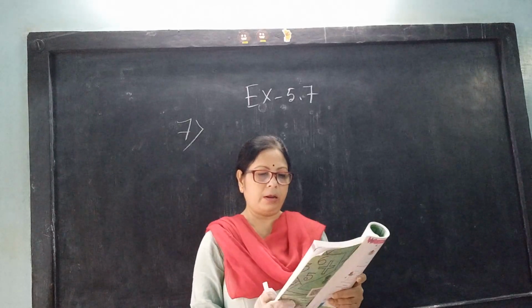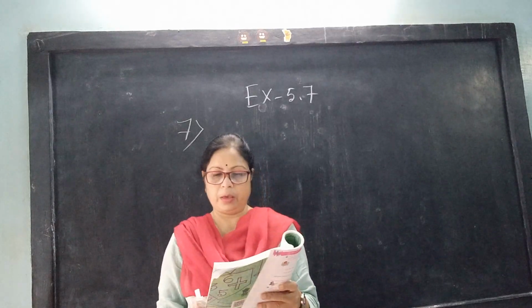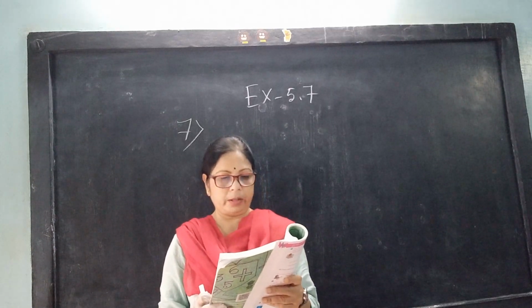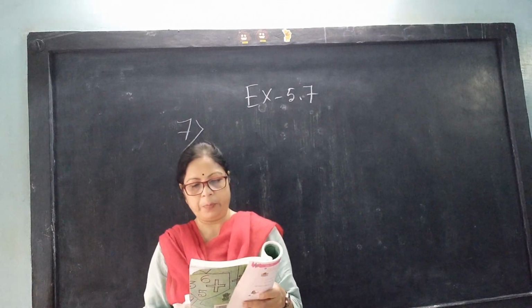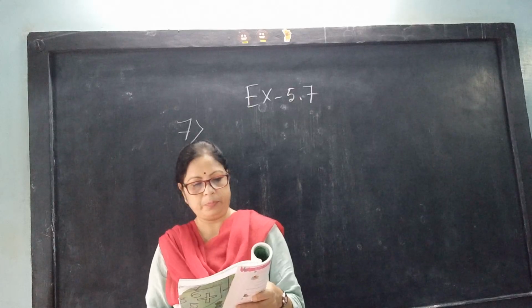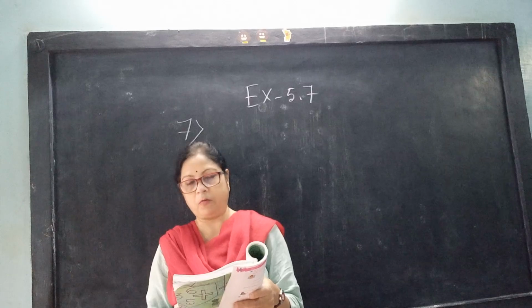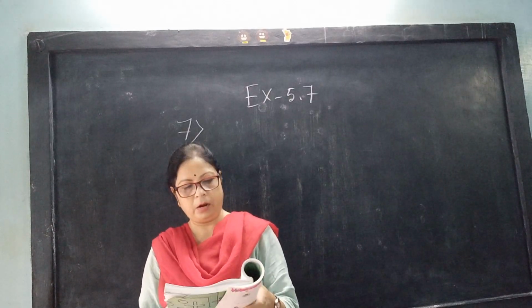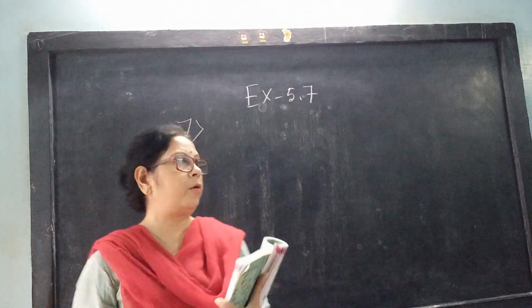Again, if Lalima works for 3 days and Ramin works for 6 days together, then 11/12 part of the total work will be completed. Write down the equations and solve, to find how many days will be required separately for Lalima and Ramin to complete the work. Okay, first I am considering it.